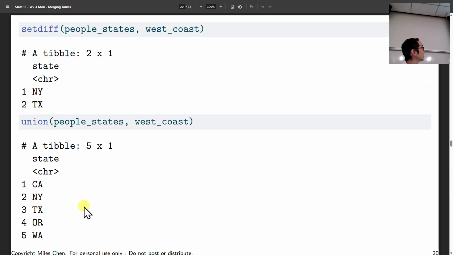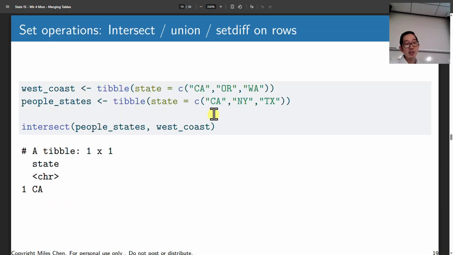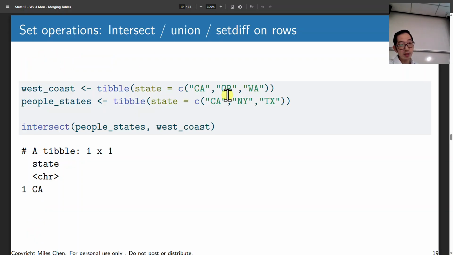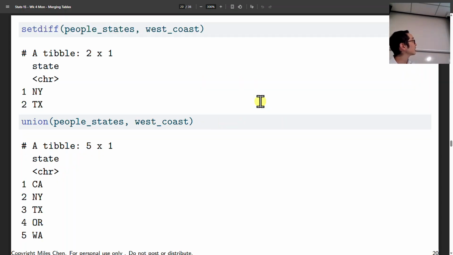Then you have the difference, which is basically things that are in people states and West Coast. You look at people states and ask, what's in people states that's not in West Coast? That's going to be NY and TX. And then you have union.